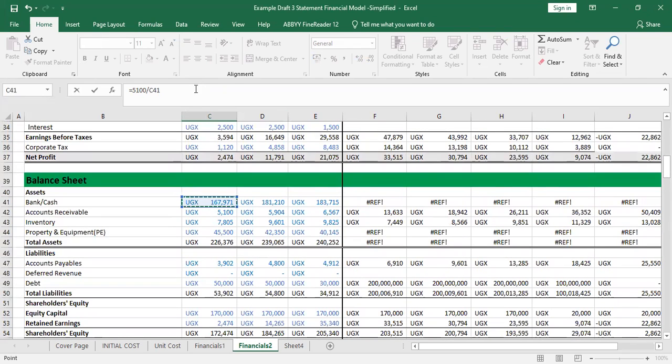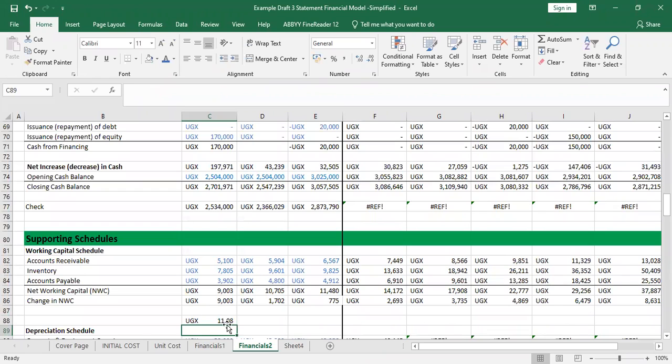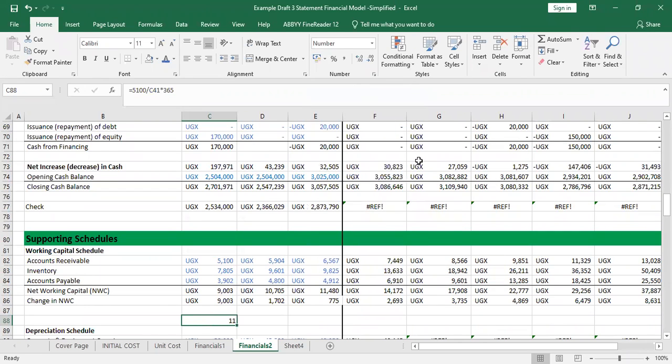I'll pick that, and then I'll multiply times 365. Okay. So that is what it gives me. Are we on the same page? Okay, I pick this over.